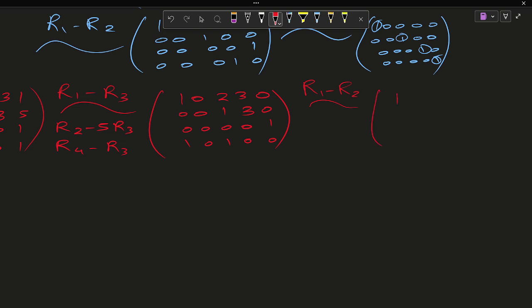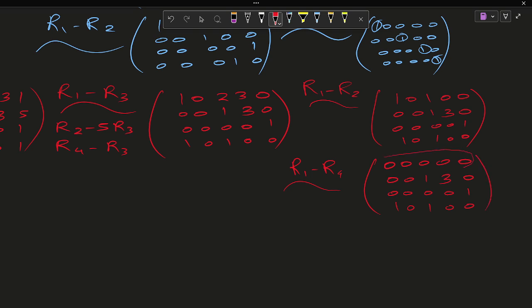Then we will get 1 0 1 0 0 and 0 0 1 3 0 and 0 0 0 0 1, 1 0 1 0 0. Then we can say that if we do r1 minus r5 r4, then we will get 0 0 0 0 0 and my 0 0 1 3 0, 0 0 0 0 1 and 1 0 1 0.